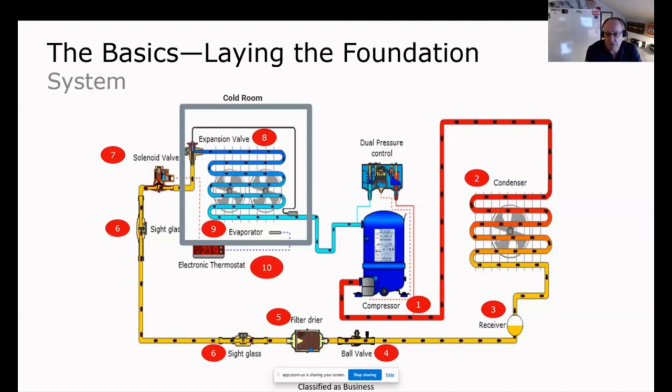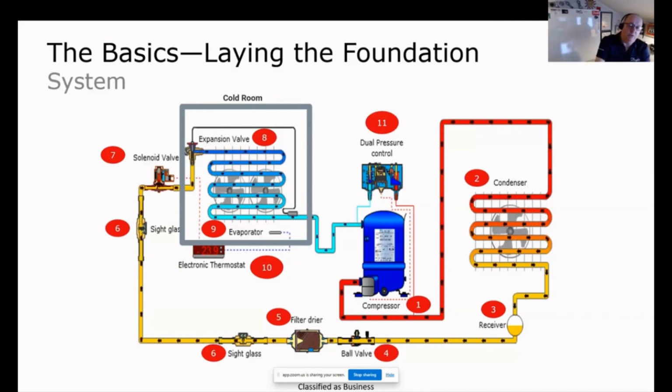We have a thermostat, which is our on-off control. Do we want cooling? Do we not want cooling? And then we have a pressure safety device, LP, HP, to look after the working pressures of the system. So that's a system, very, very basic. And if it's a small commercial system or a large industrial system, the processes are exactly the same.